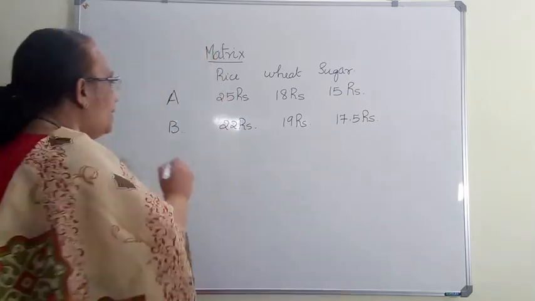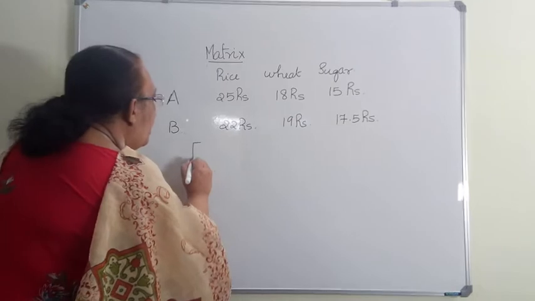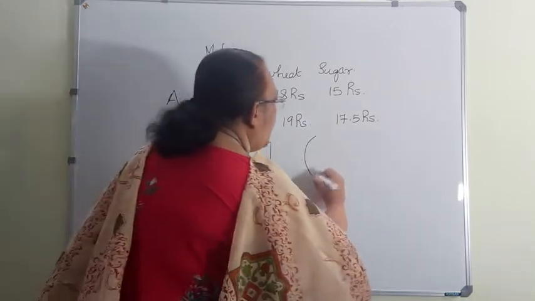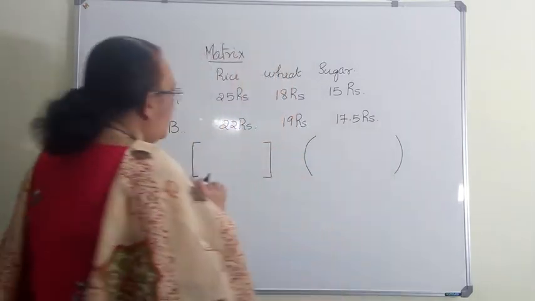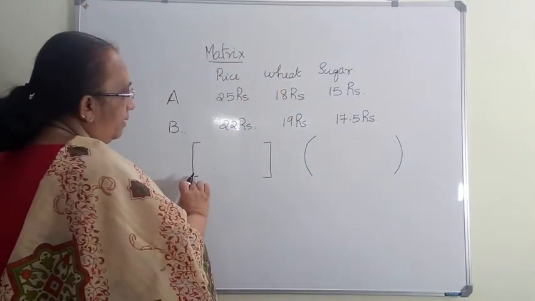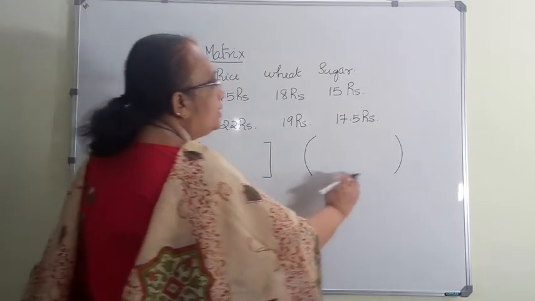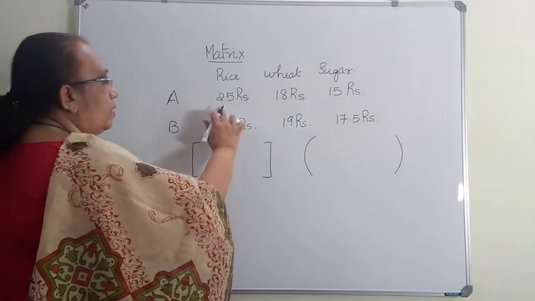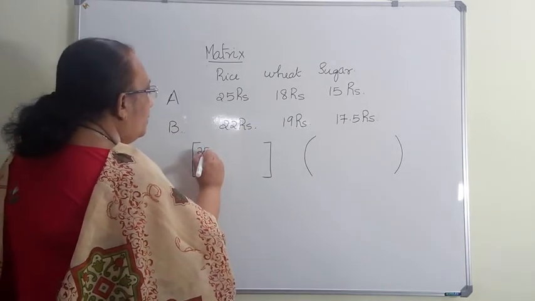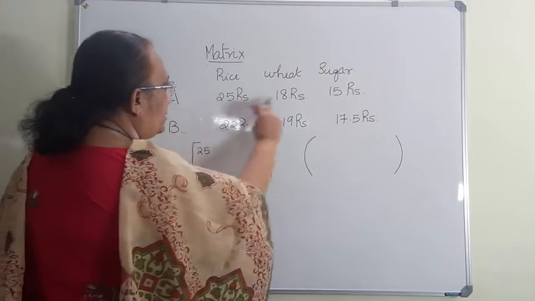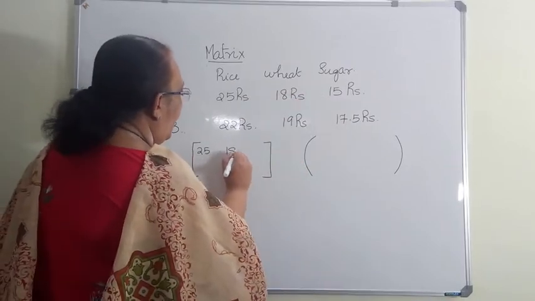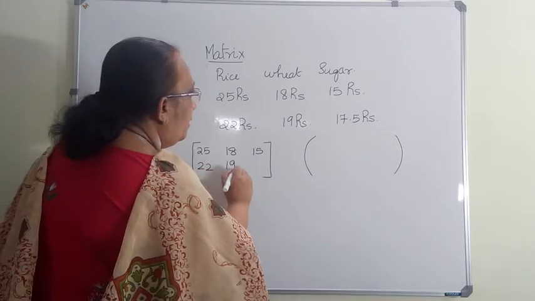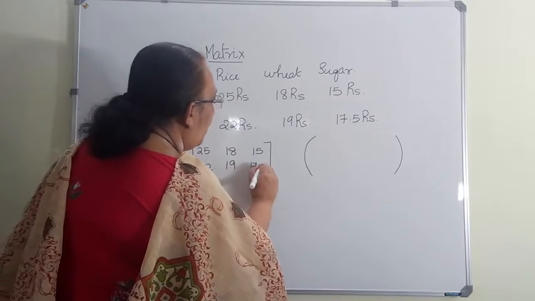The table can be in square brackets or in round brackets. The items are written as 25, 18, 15, 22, 19 and 17.5.